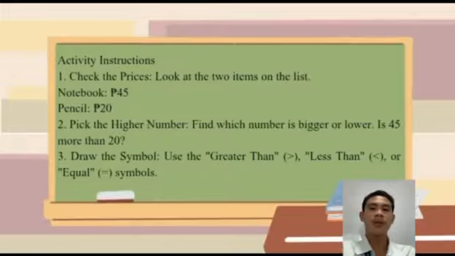We'll form small groups and compare the cost of items. For example, compute the total of 3 notebooks and 5 pencils. In the scenario, each group has a 200 peso budget, and you will decide what combination of supplies you can buy, and write down your choices and the total cost.